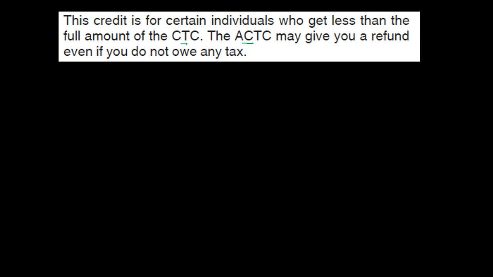The law is written so that the child tax credit can only take you to 0 in terms of tax liability. That would typically be the case, because if they give you money back beyond going to 0, then you didn't pay tax. We got something other than taxes. We got some kind of benefit from the government that gave us money, instead of it being a refund. So that's in essence what the ACTC is.